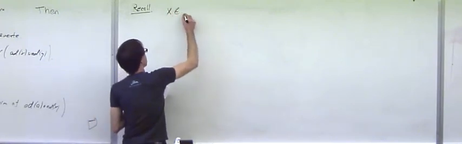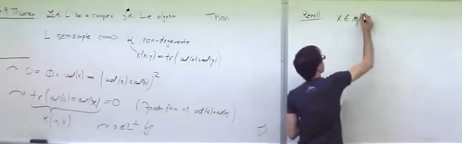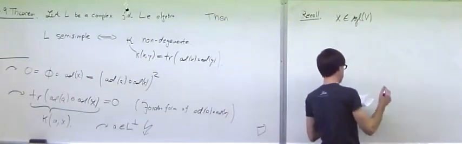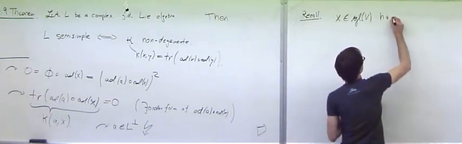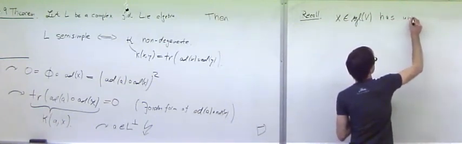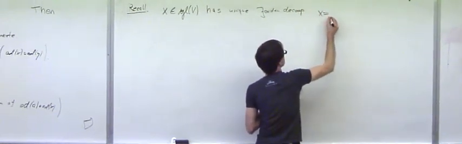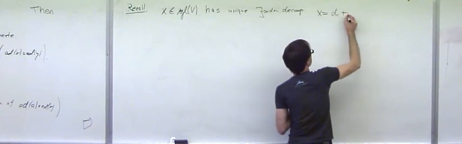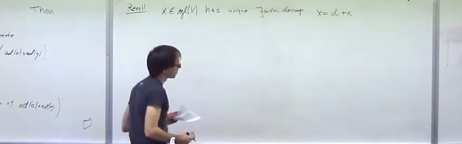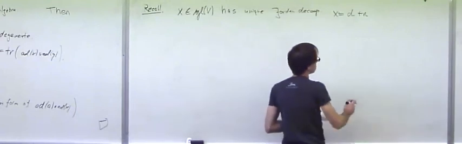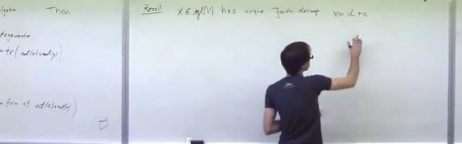If X is a linear map, so an element of GL(V) for some finite dimensional complex vector space V, then such an element has a unique Jordan decomposition, X equals D plus N, so an additive decomposition such that these properties hold: D is diagonalizable, N is nilpotent, and they commute.